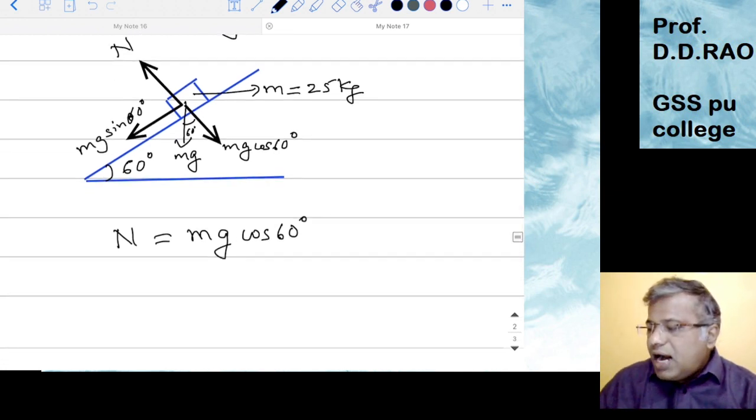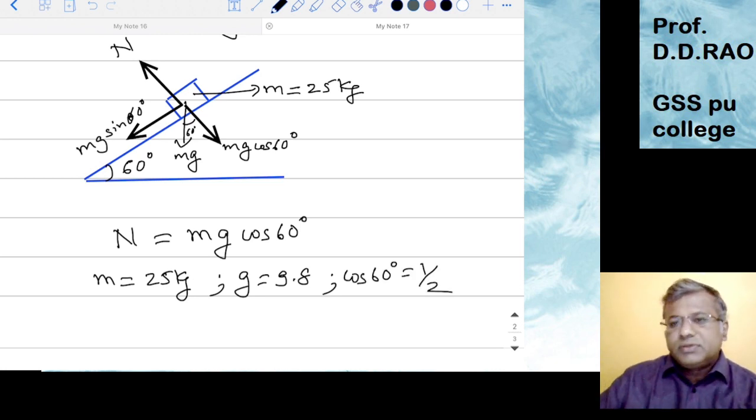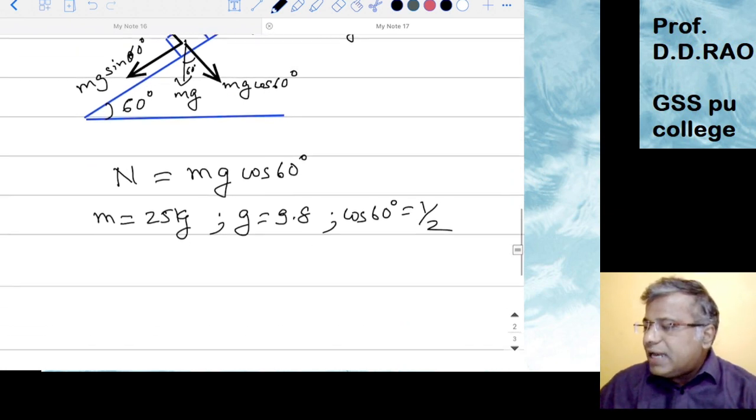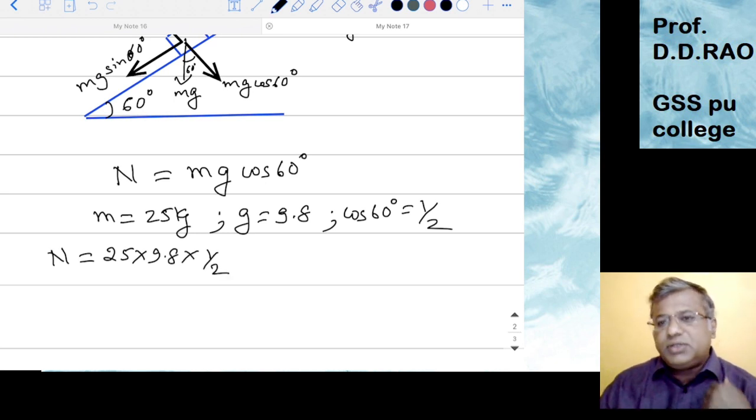Now the mass of the object is 25 kg, the acceleration due to gravity is 9.8, and cos 60 degrees is 1 by 2. If I now want to calculate normal reaction N, that will be equal to 25 into 9.8 into half, which is mg cos 60 degrees.